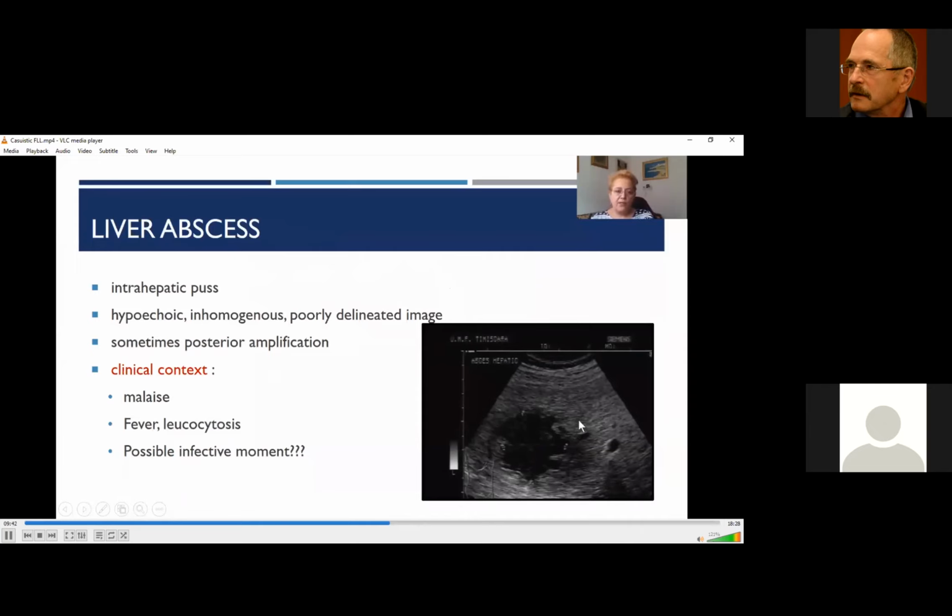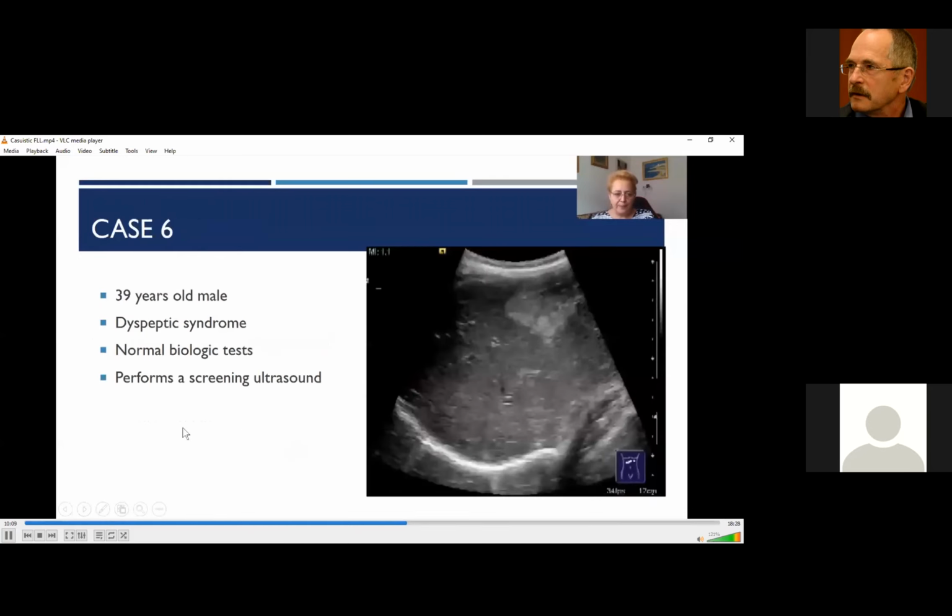Sometimes we can observe posterior amplification, but the clinical context is very important, with malaise, fever, leukocytosis, and the anamnesis can reveal the infective moment. The image that you saw in the patient was not so typical of liver abscess because he was already undergoing antibiotics treatment and the abscess was well delineated.